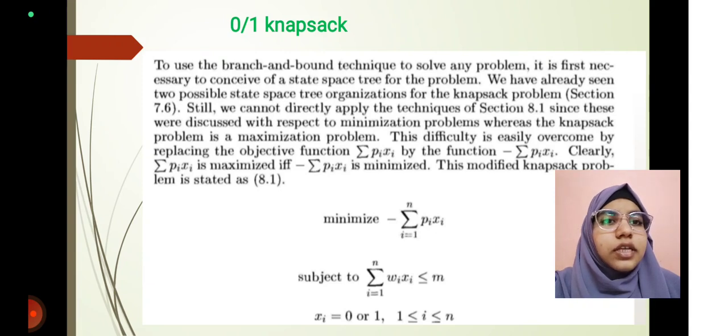Clearly, summation pi xi is maximized if minus summation pi xi is minimized. This modified knapsack problem is stated as: minimize minus summation i=1 to n of pi xi subject to summation i=1 to n of wi xi less than or equal to m, where xi is 0 or 1 and i ranges from 1 to n.